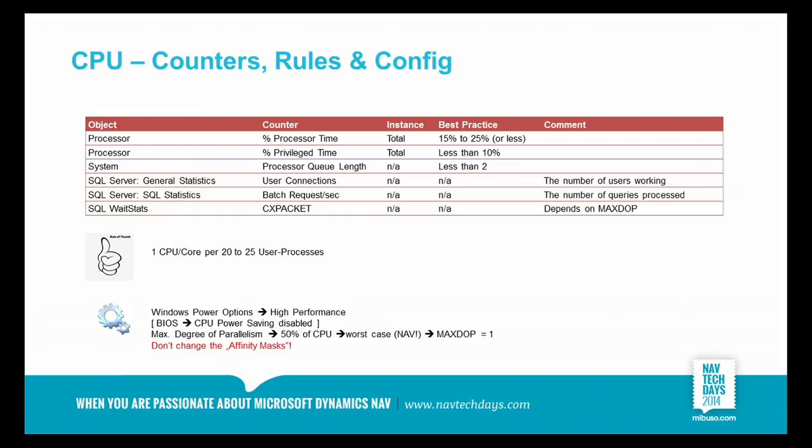In some older Microsoft documentation, you might see that they say a CPU is dead when you start to exceed the threshold of 80% or something like this. And I say, if your average CPU load is at 80%, you're stone dead. I'll show you later on why this is the case.